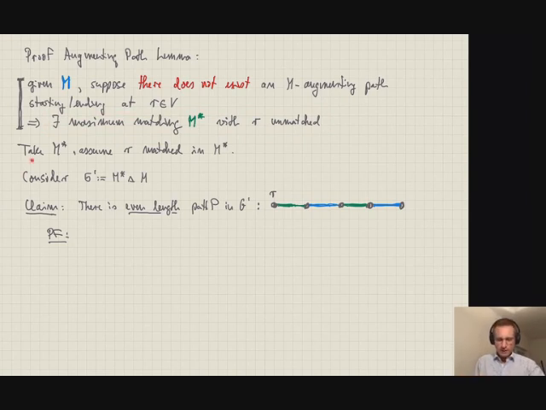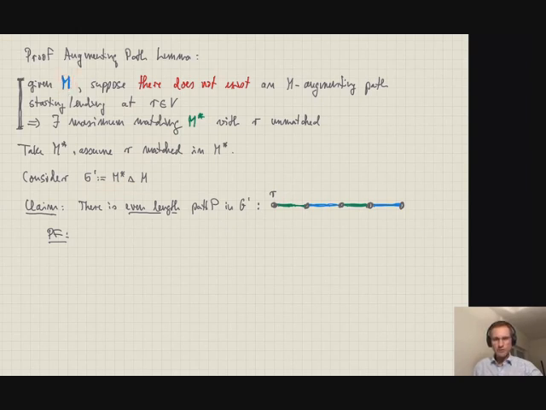So we pick a maximum size matching in the graph, and let us assume that vertex R is actually matched in M star, and then we have to show that there exists another optimal maximum size matching in which R is actually unmatched. Okay. So what we do is we look at the symmetric difference of M star and M. So we have these two matchings.